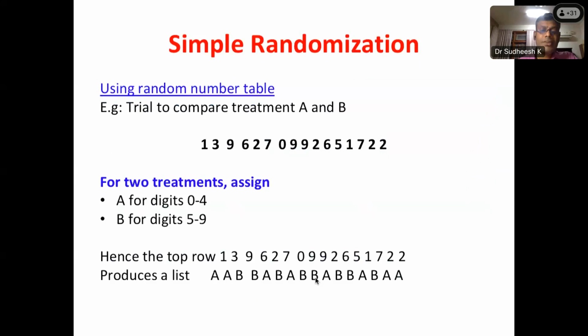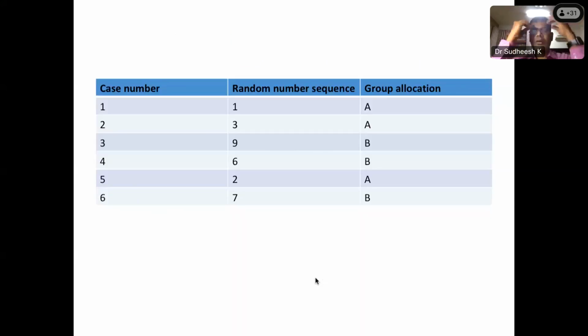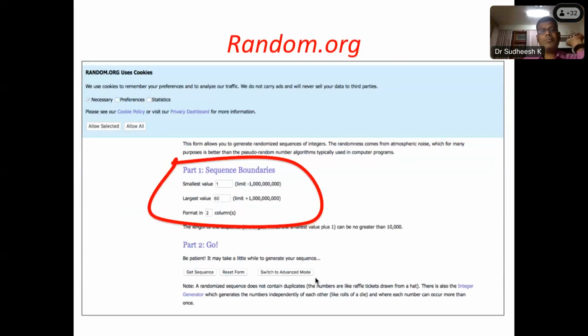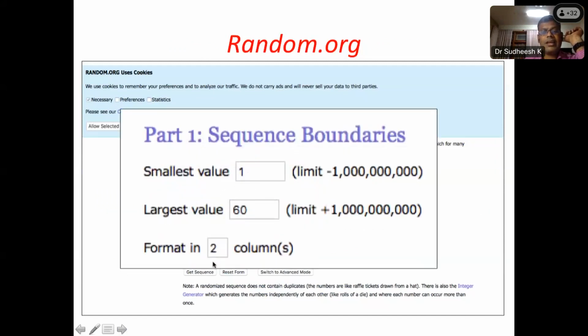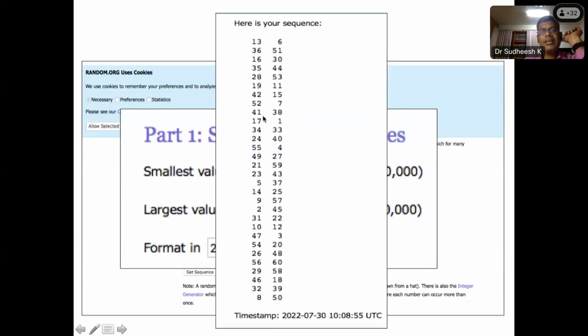Or in other words, if you find this kind of allocation difficult, you can also go to certain online software, for example, randomizer.org, etc. And you just feed how many patients you want in group A and how many patients you want in group B. Automatically, it will generate a sequence and give it to you. See, this is what I was telling about, where I set the smallest value as 1, the largest value as 6, and I want them to fall into 2 groups. Once I mention these parameters and enter, this is the sequence I got.